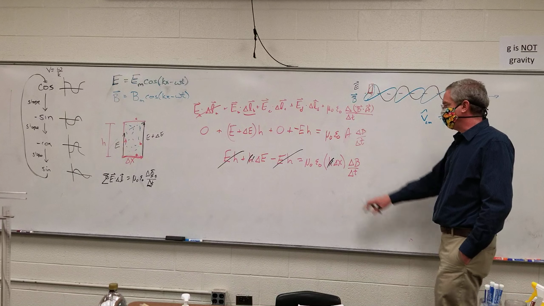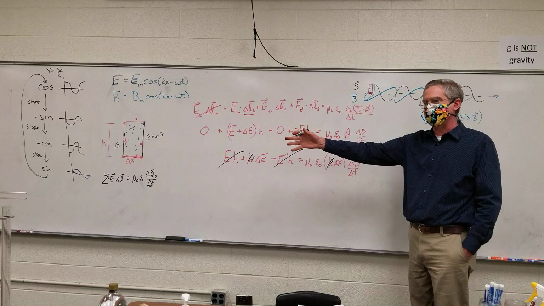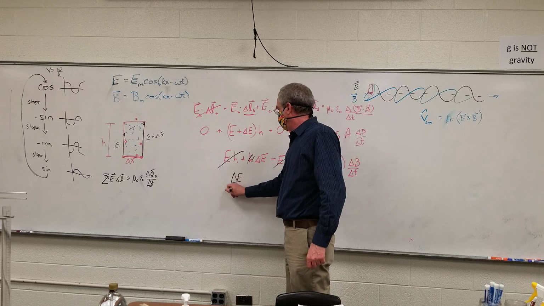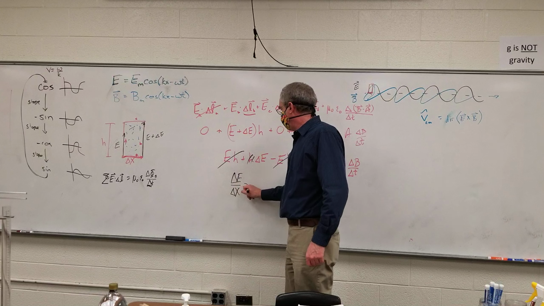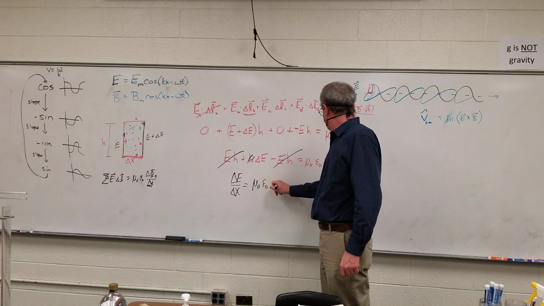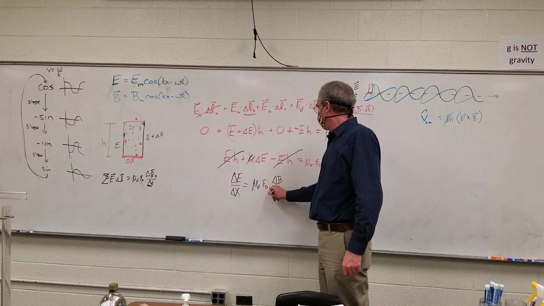And so what I'm left with, and this delta x here, I'm gonna take on over to the other side just because I know where I'm heading on this one. So I end up with delta E over delta x equals mu naught epsilon sub naught delta B over delta T.